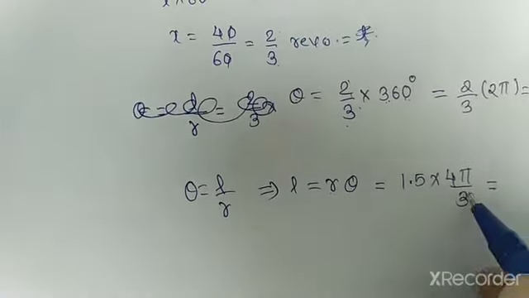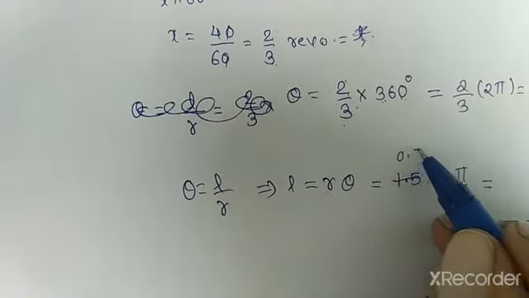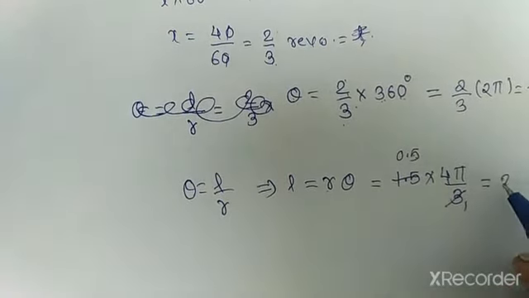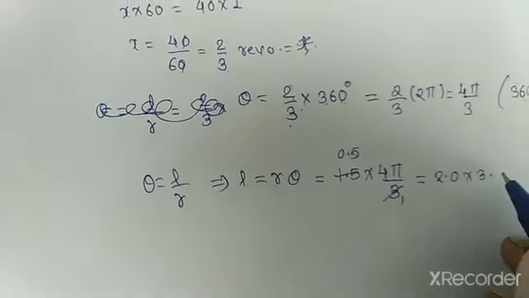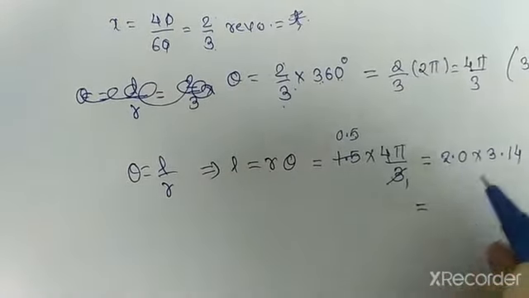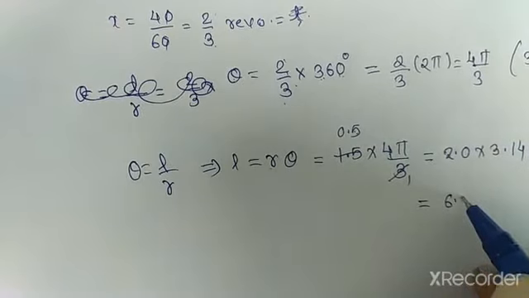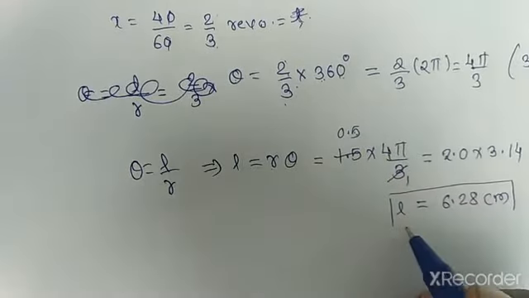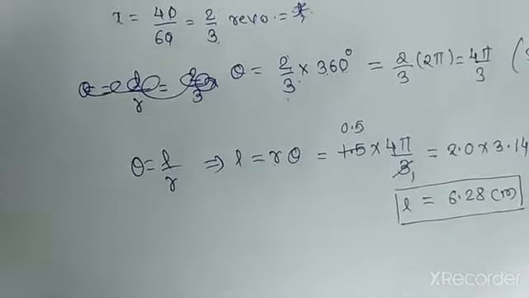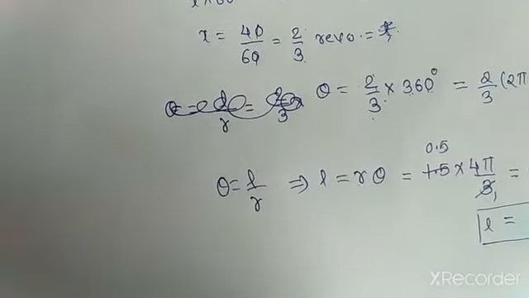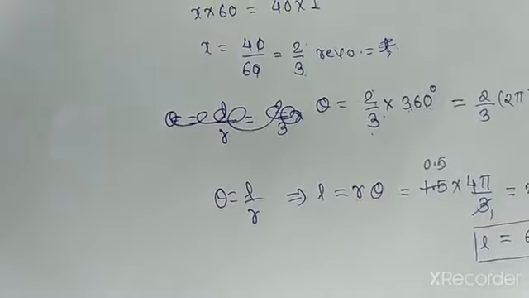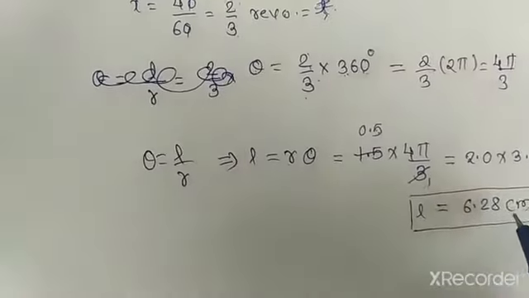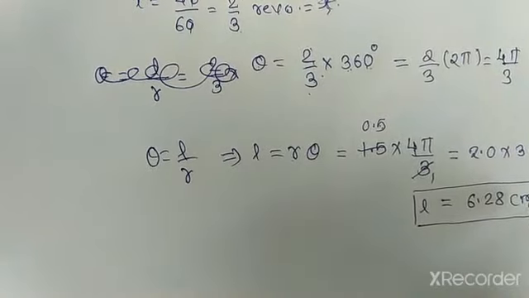So 1.5 divided by 3 gives 0.5, and 0.5 into 4 is 2.0, into 3.14, and the calculation gives us 6.28 centimeter length. L is equal to 6.28. The question was, how far does its tip move in 40 minutes? So you can say that it moves 6.28 centimeter.